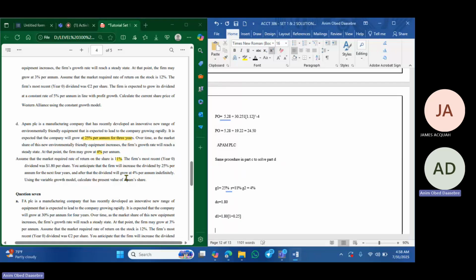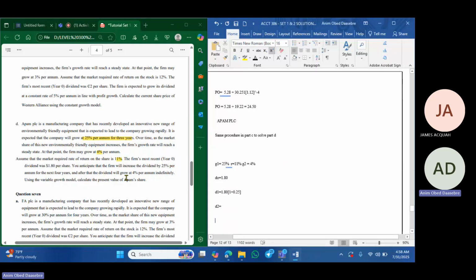You find that D2, you find that D3, raised to the power what? 1.80 multiplied by 1 plus the growth rate 25.